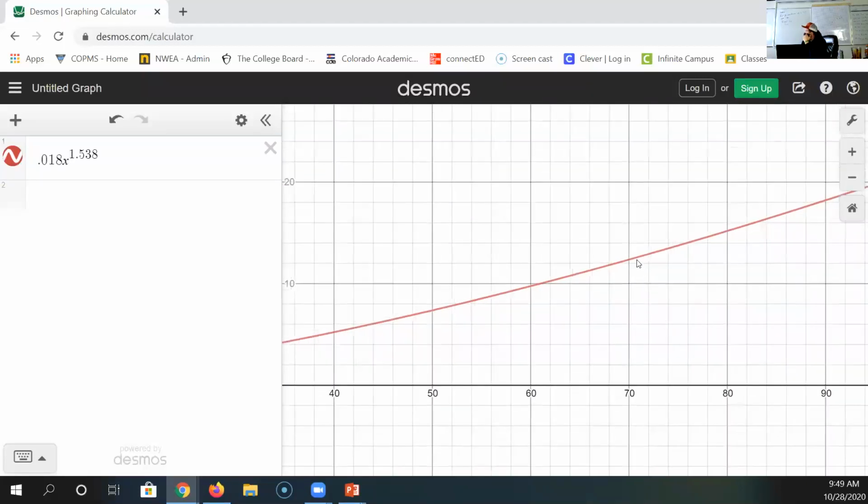So click on your graph, drag until we hit 77. (77, 14.345). Okay, that's the value that they're looking for, 14.345. Trace would give you that same number, and so would solving it algebraically.